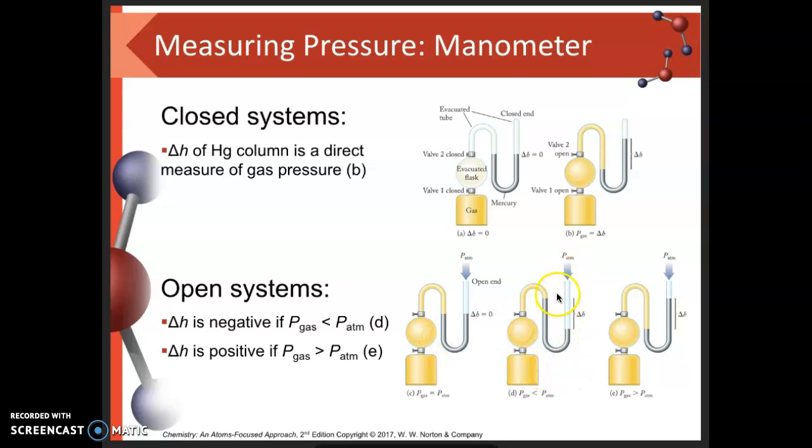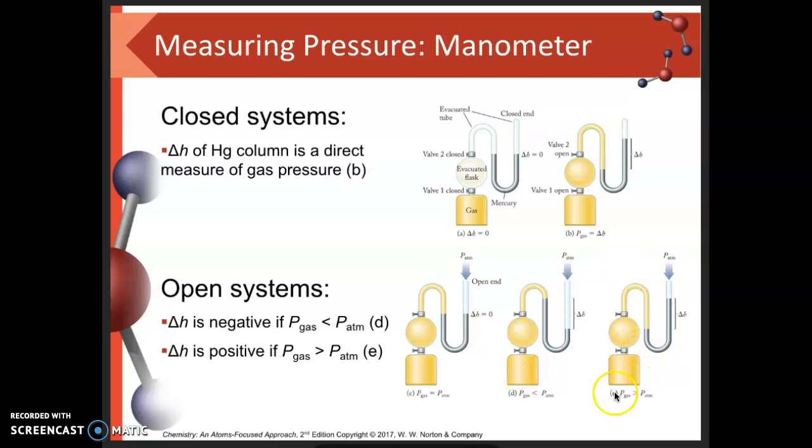On the flip side, let's say that the atmospheric pressure is greater than the pressure inside of the tank. And we see that the atmospheric pressure is pushing down on the mercury and making the tank side higher than the open side. Well, whatever this measured value is for the height, we can subtract that from atmospheric pressure, and that will tell you the pressure inside of the tank.